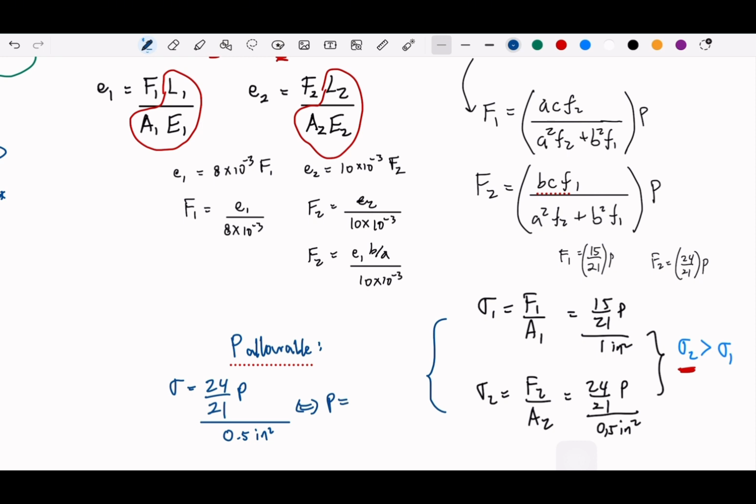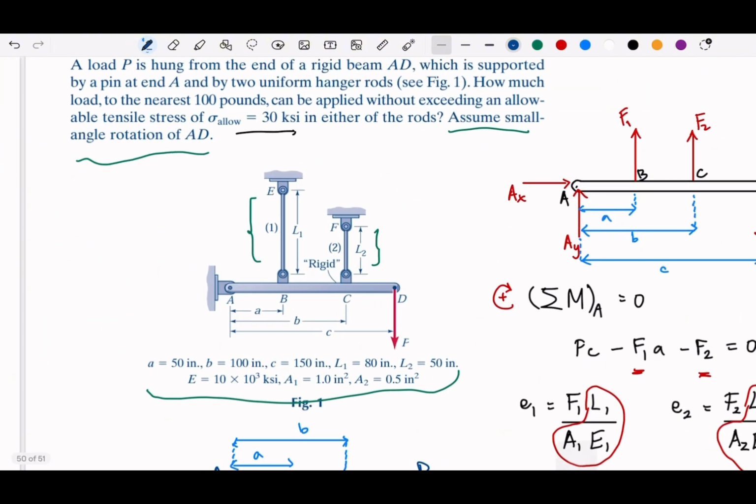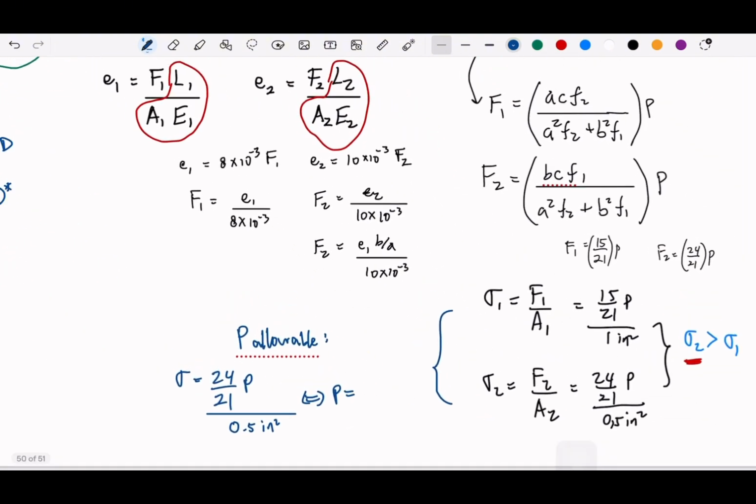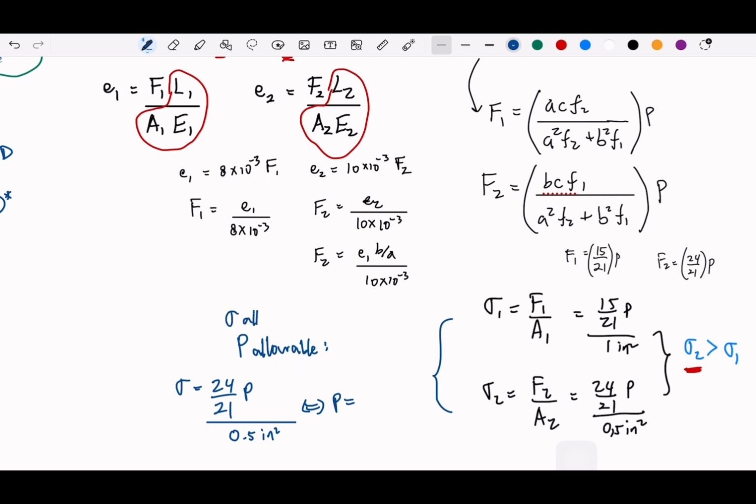So when the sigma allowable, how much is it? Sigma allowable is 30 ksi. So we are going to use the 30 ksi to get the P allowable, which is going to be 13.1 kips.